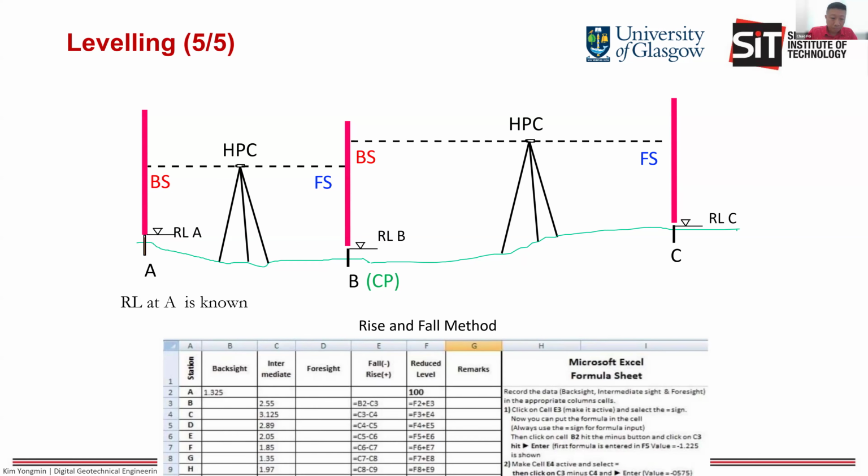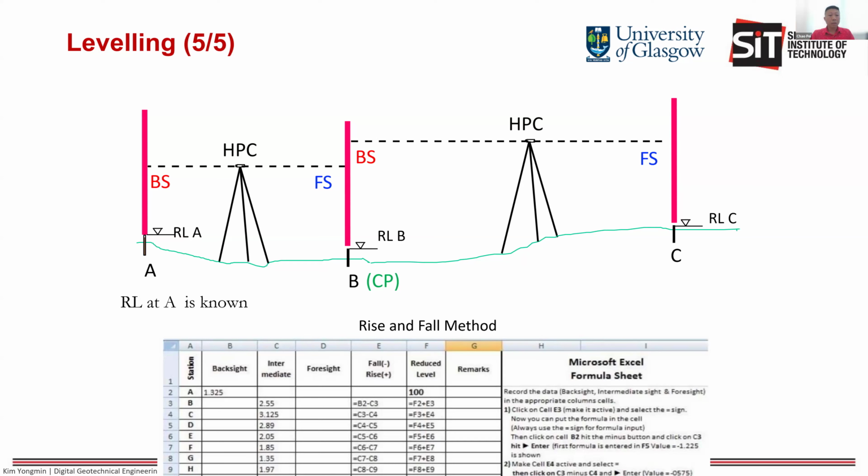And remember, how do we record rise and fall? The rise and fall means the second point compared to the original, that is, your foresight or intermediate sight compared to the backsight, whether it's higher or lower. So you use your backsight reading minus your intermediate sight reading or your foresight reading. If you get a negative value, it means fall.